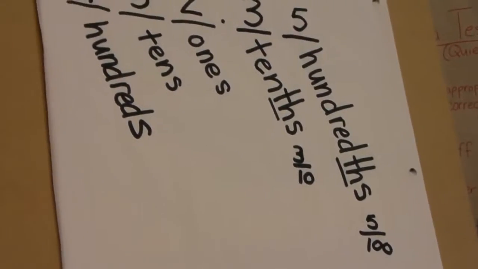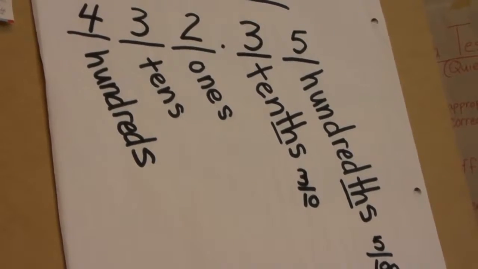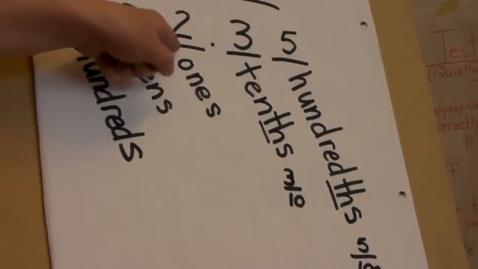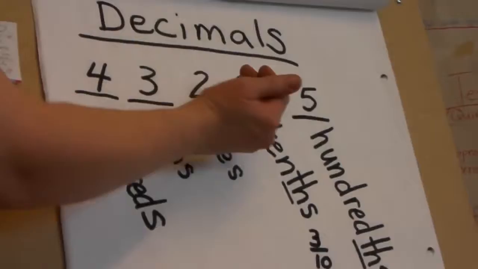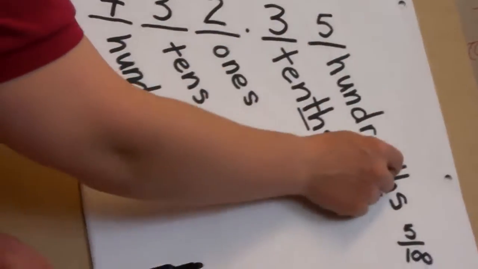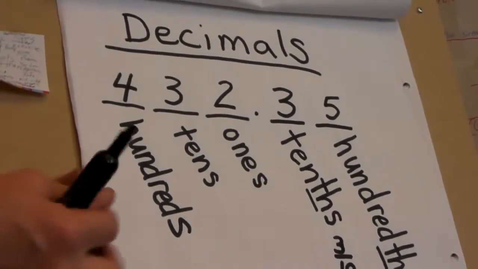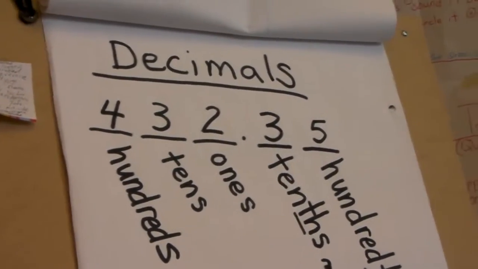Raise your hand. Yes? And 35 cents. So you can think of anything on the other side of this decimal in these first 2 places, in the tenths and the hundredths place, as cents, like money. Okay? You've heard of dollars and cents notation.